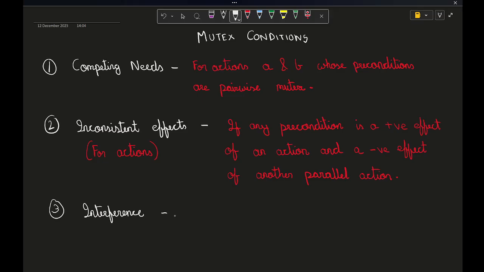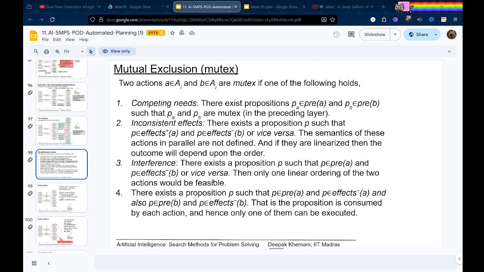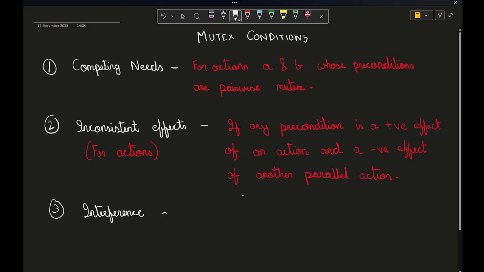Interference is, I think, that an action needs a proposition in its precondition, but that proposition is being deleted by another action. That there exists a proposition such that P belongs to the precondition of A and P belongs to the negative effects of B. Then only one linear ordering of the two actions would be feasible.